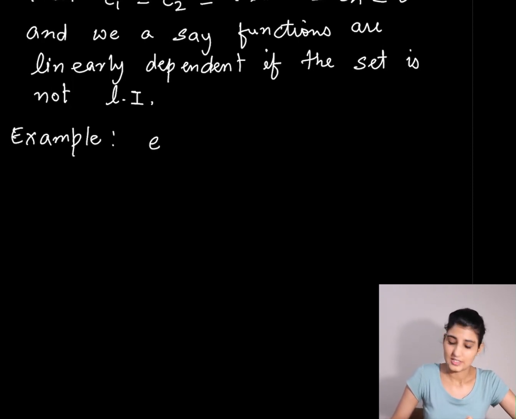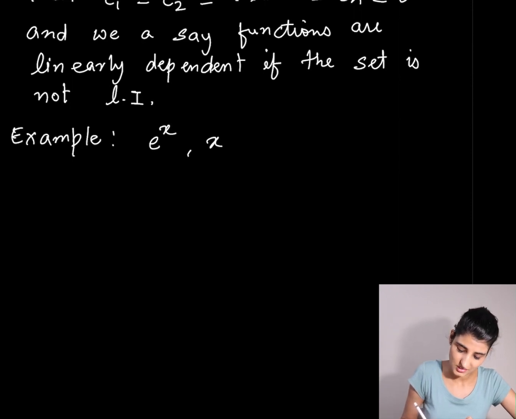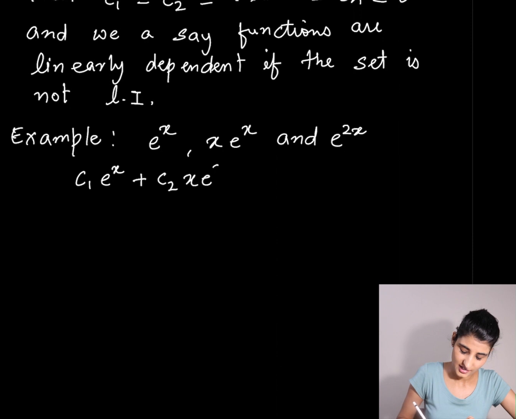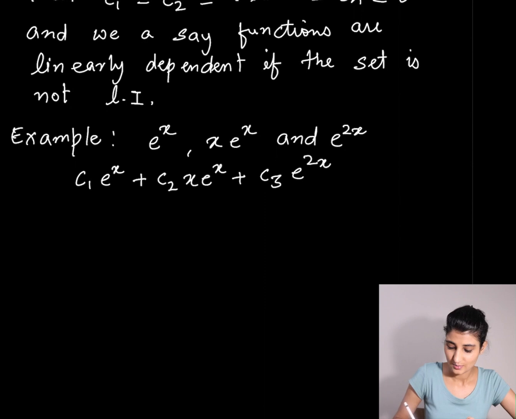And the example is, let's talk about these three functions: e power x, x e power x, and e power 2x. We want to check if these functions are linearly dependent or independent. So what we'll do is take a general linear combination c1 e power x plus c2 x times e power x plus c3 e power 2x equal to 0.